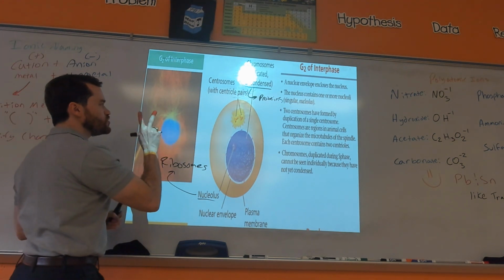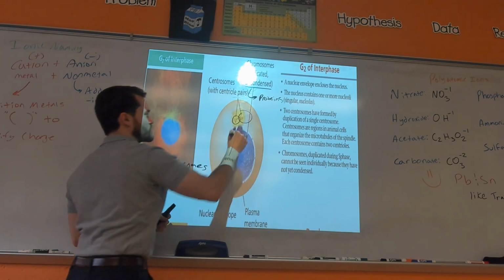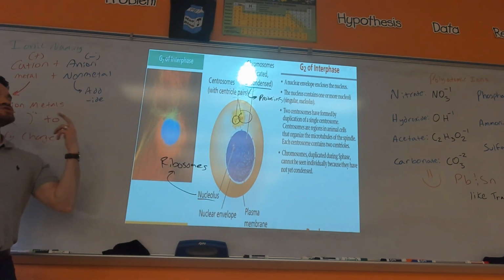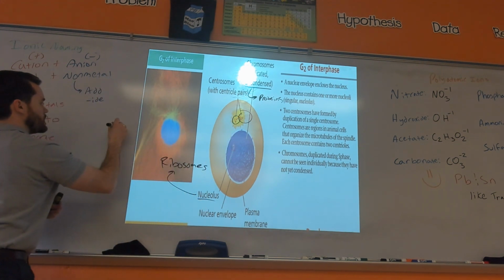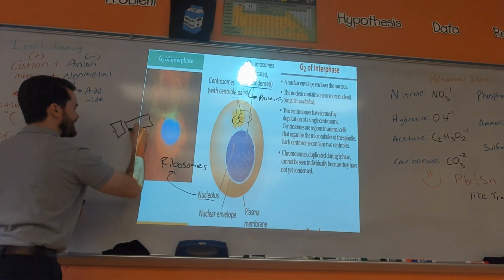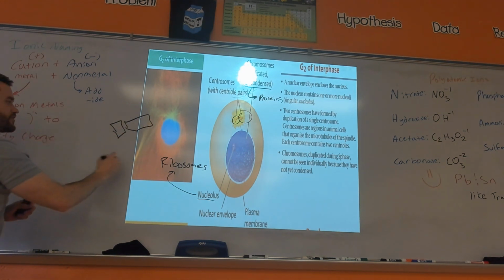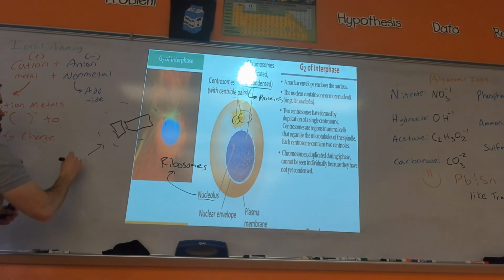Some other vocabulary. You have two centrosomes. So you have one centrosome, another centrosome. If I draw them a little bigger here, you have these tube things that come at 90-degree angles. The whole thing is a centrosome.